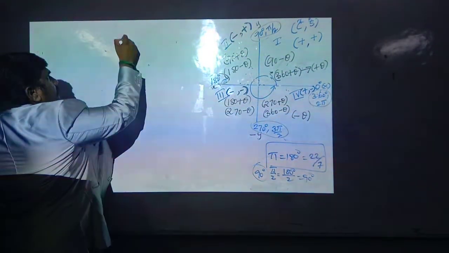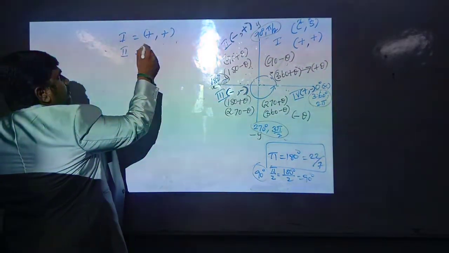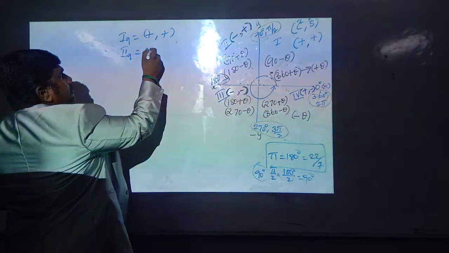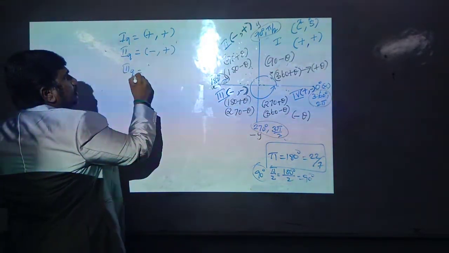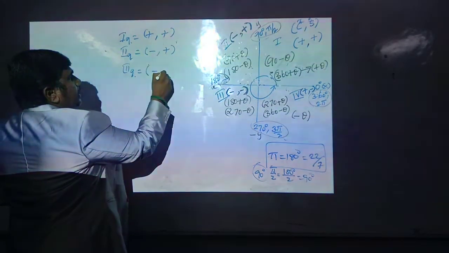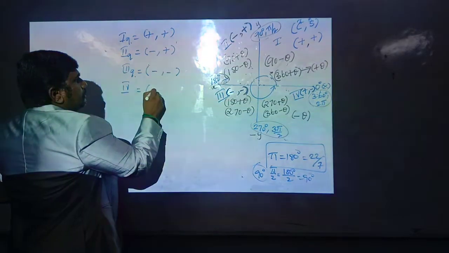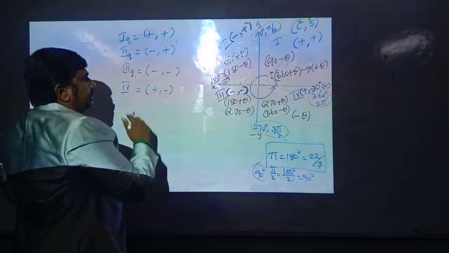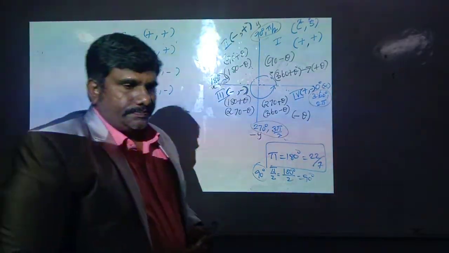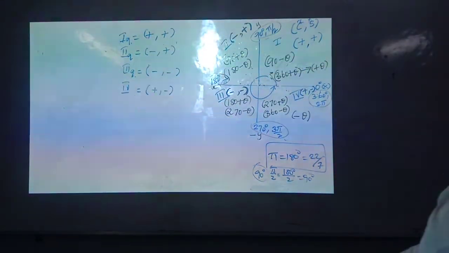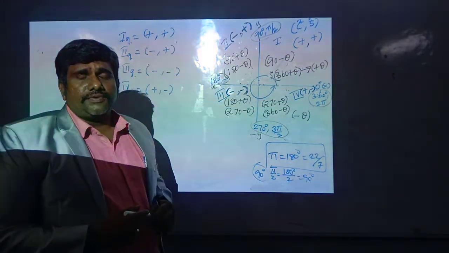So I'll clearly write. For the first quadrant, it is plus, plus. For the second quadrant, it is minus, plus. For the third quadrant, it is minus, minus. And in the fourth quadrant, it is plus, minus. Now, I just give some notations for each quadrant.